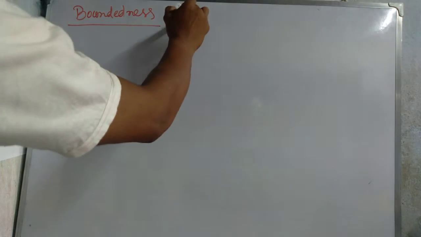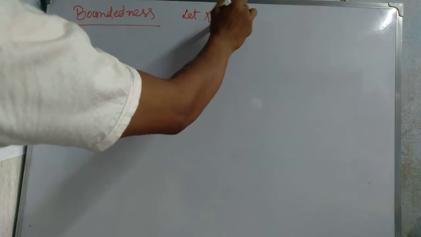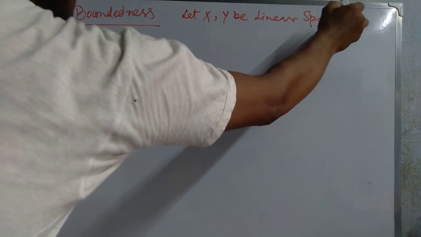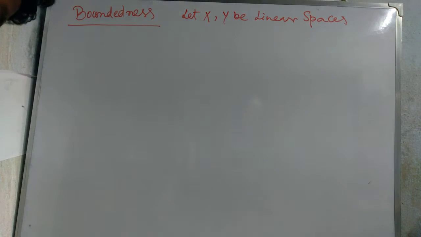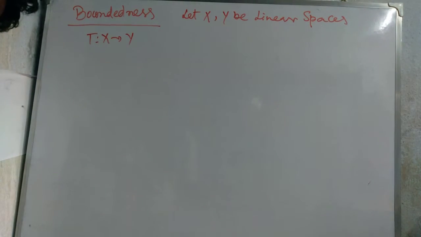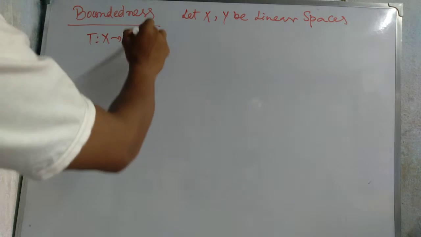Let X and Y be linear spaces, where X equal to Rn and Y equal to Rm, and T from X to Y be a linear operator.